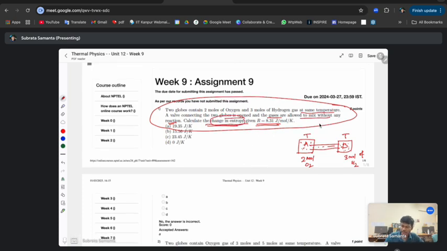So what are the initial values of the entropy? The change in entropy, delta S, is S final minus S initial. I need to calculate this change in entropy.